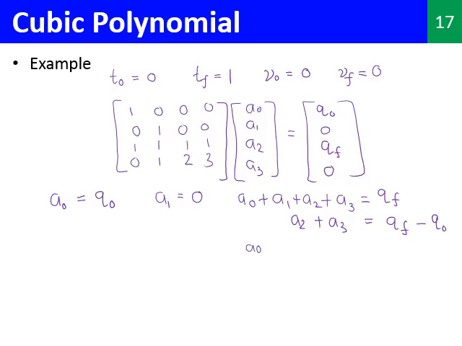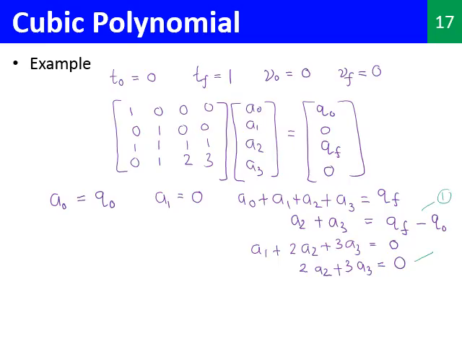a0 times 0 is 0, so we don't need this one. Then we have a1 plus 2a2 plus 3a3 equals 0, right? So a1 is also 0, therefore we have 2a2 plus 3a3 equals 0.